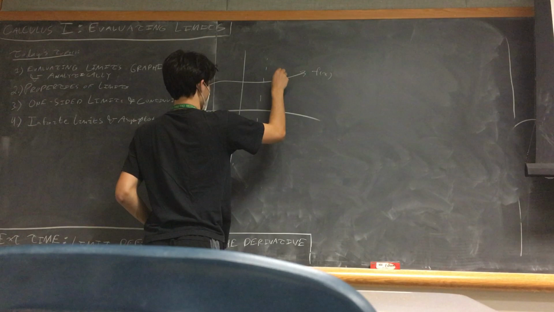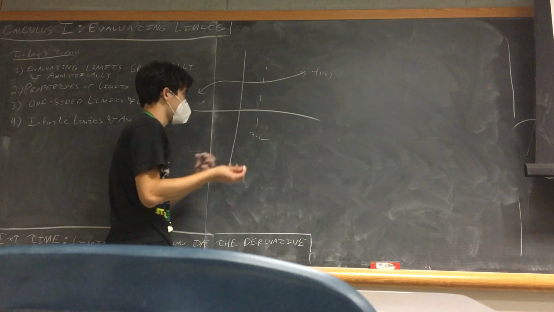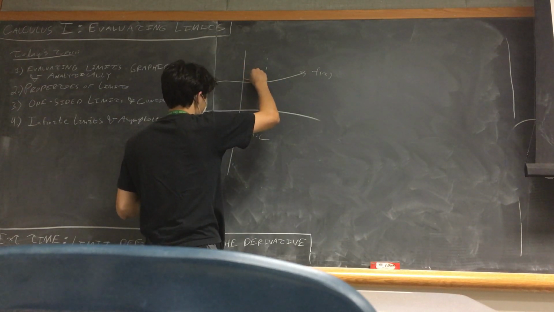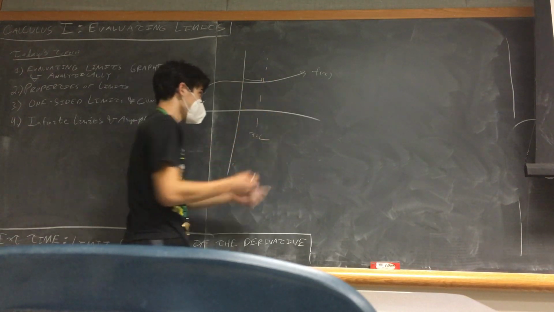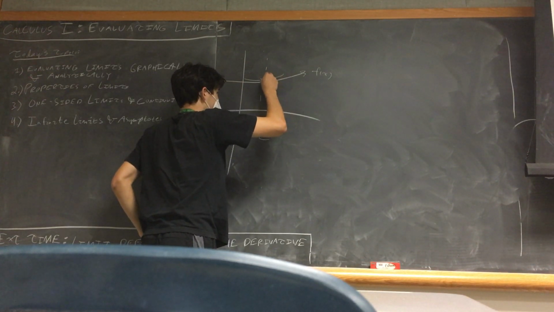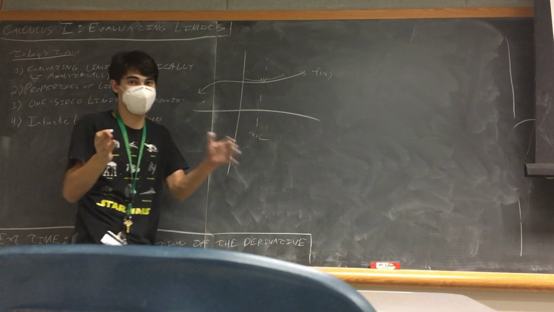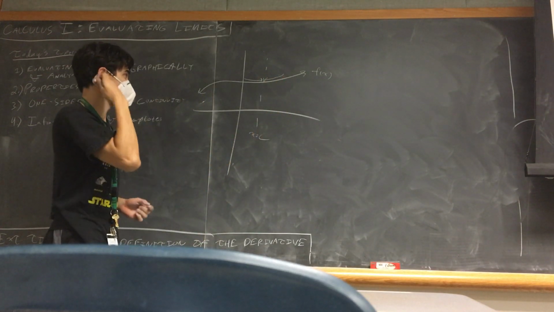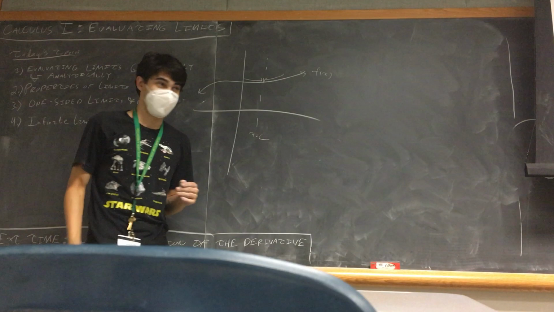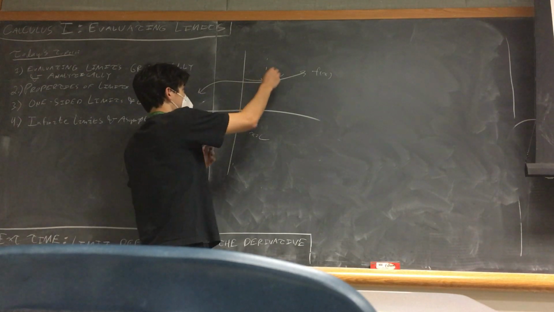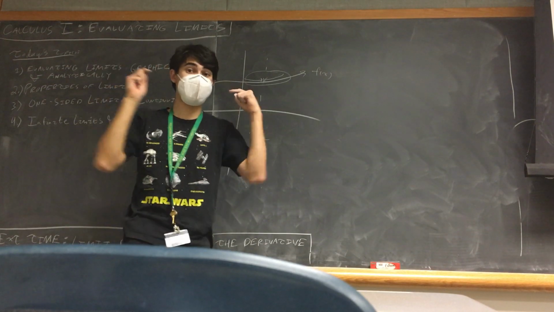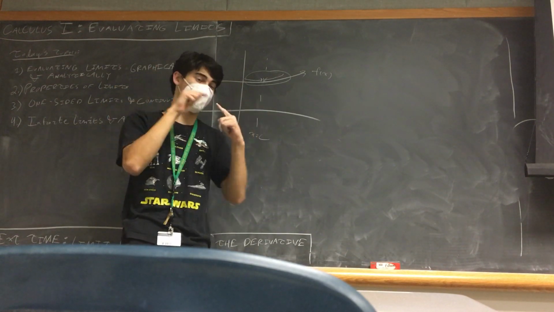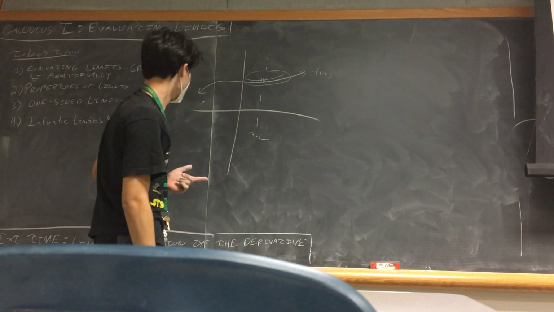I kept saying that as it approaches c from the left, and as it approaches c from the right, it has to approach the same value in order for the limit to exist. Well, the limit is just the left and the right both combined if they approach the same value.